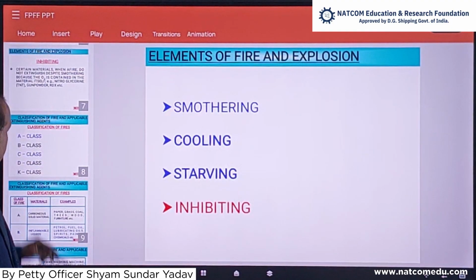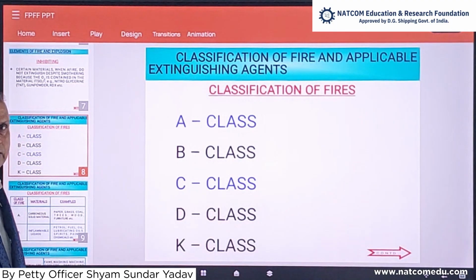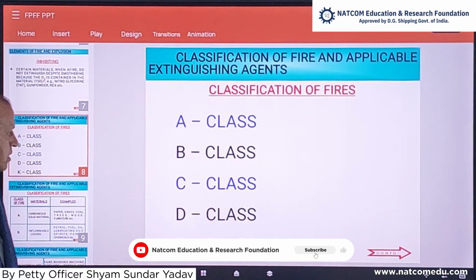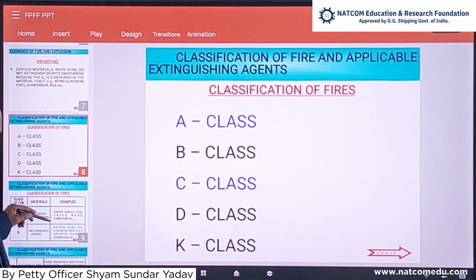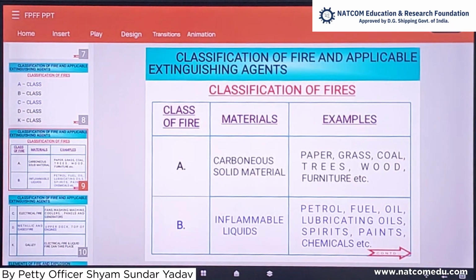Now I am telling you about classes of fire: A class, B class, C class, D class and K class of fire. A class of fire: solid material like paper, grass, coal, trees, wood, furniture.